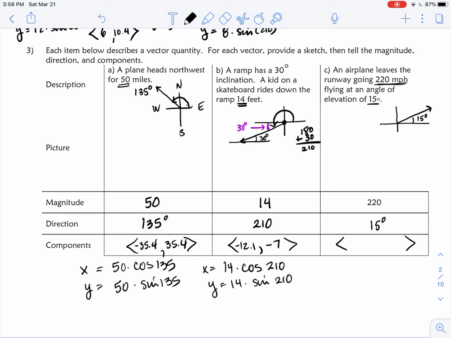Let's go to our Desmos. The x component, magnitude times cosine of the angle. The y, magnitude times sine of the angle.